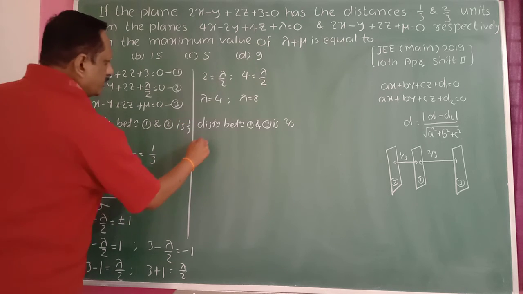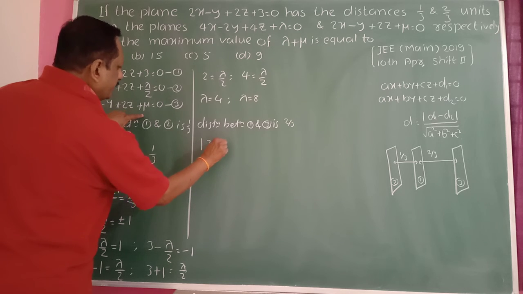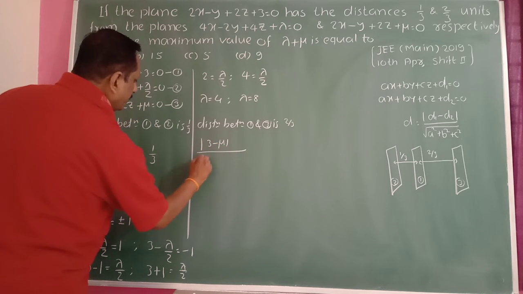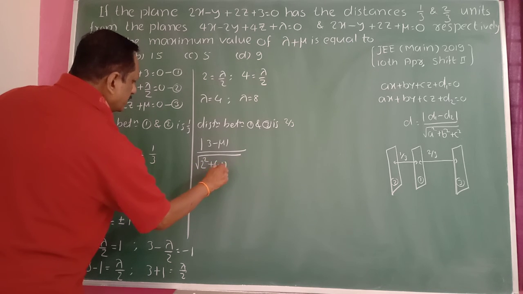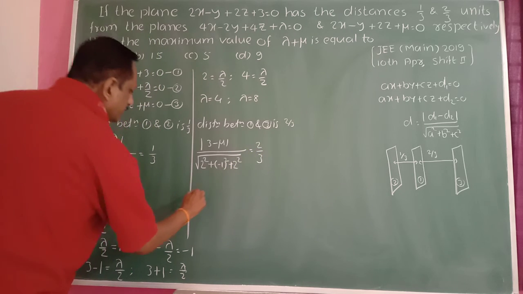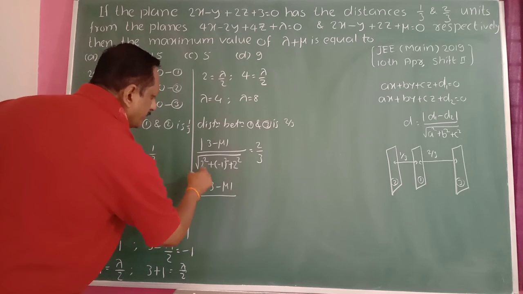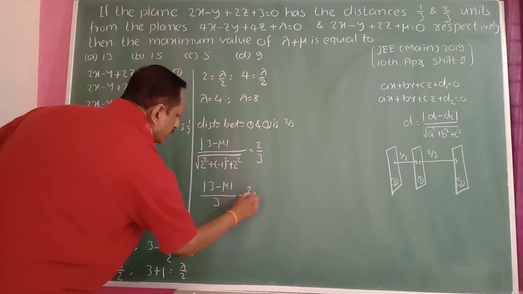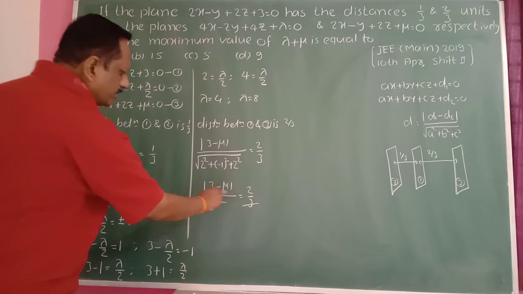Hence the modulus of 3 minus mu divided by root of again 2 square plus minus 1 square plus 2 square is equal to 2 divided by 3. So simplify the denominator term, 3. This is equal to 2 by 3. This 3 cancels. Then remove this modulus.